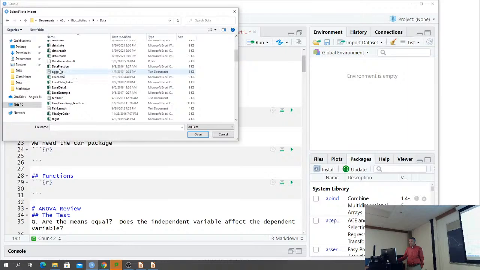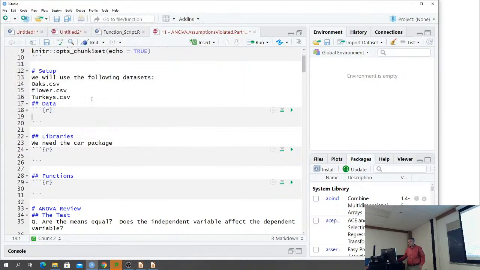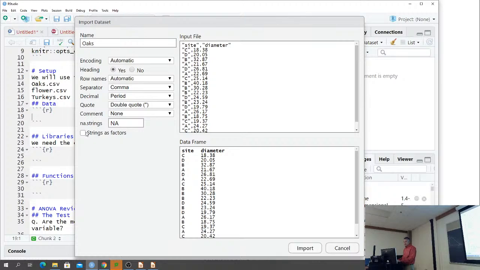Make sure you have heading and strings as factors to make sure that it works properly. I'm going to make it lowercase, oaks.